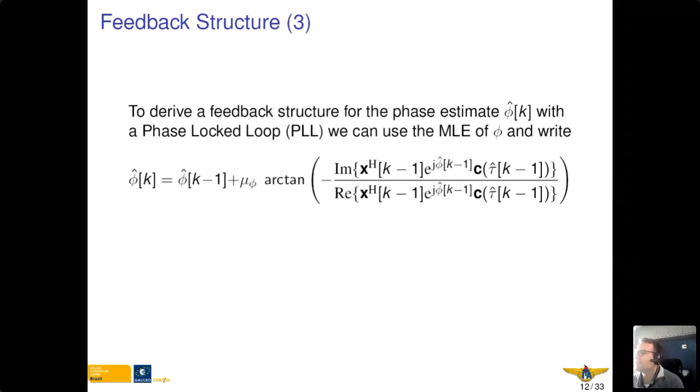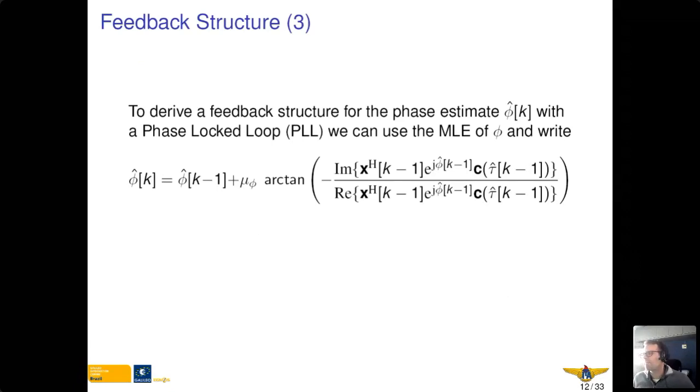We can use the maximum likelihood estimator of the phase. Remember, this was the arctangent. Now we include here the phase correction from the previous time instant. And then this gives us the phase difference between the estimate and the true phase.